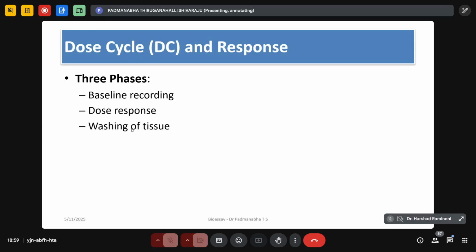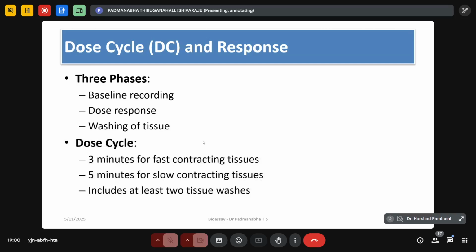There should be a gap between the first drug administration and the second concentration, so that we are able to get a response from the tissue. Otherwise, if you are not washing, the tissue will retain that concentration and may not respond as well due to tachyphylaxis.